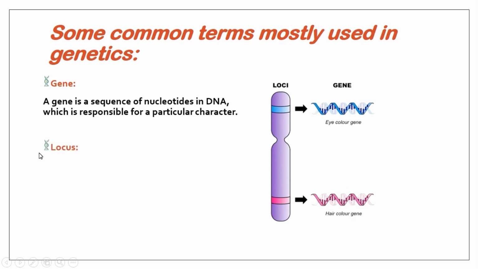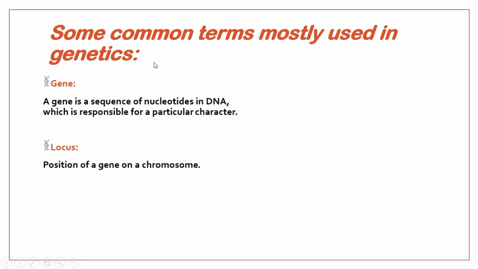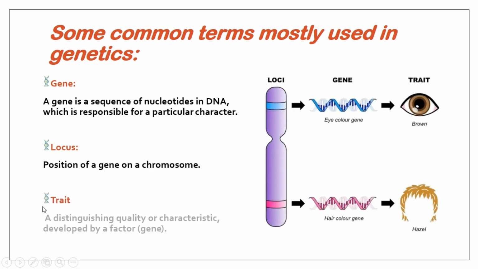The next terminology that we have to learn is locus. Locus is the position of a gene on a chromosome. For example, in this chromosome, you can identify the position of the gene that carries the eye color, and you can identify the position of the gene that carries hair color. The next terminology that we have to learn is trait.